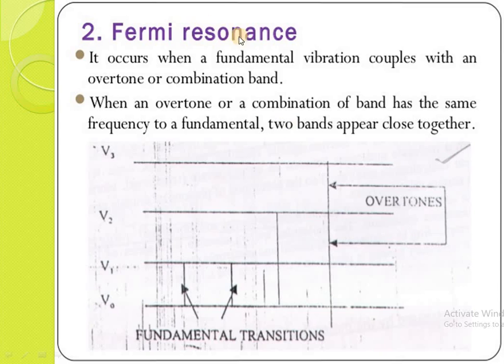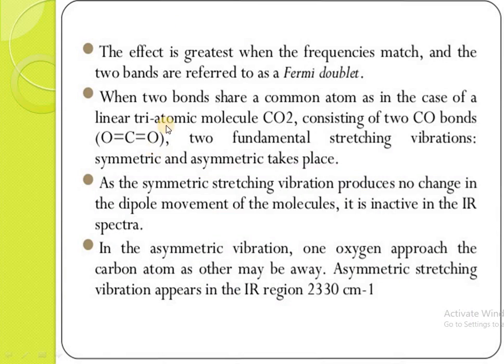When the overtone or combination band has nearly the same frequency as the fundamental transition, these bands appear very close to each other, and the effect is greatest when the frequencies match. Then the two bands are referred to as a Fermi doublet, or we can say Fermi resonance.